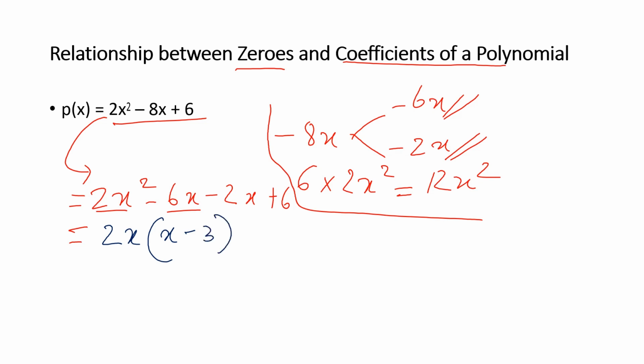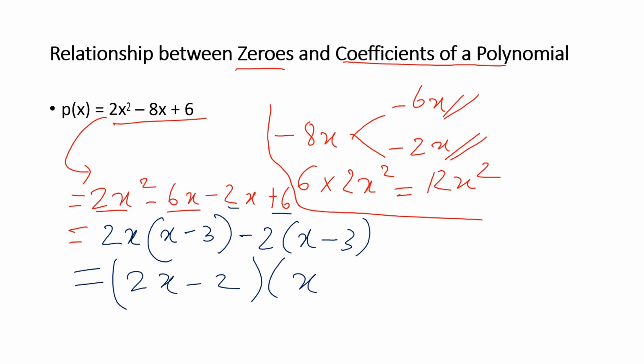Now again taking common in the last two terms, we'll take minus 2 common, so we will get minus 2 into x minus 3. Now on rearranging this, we will get 2x minus 2 into x minus 3.